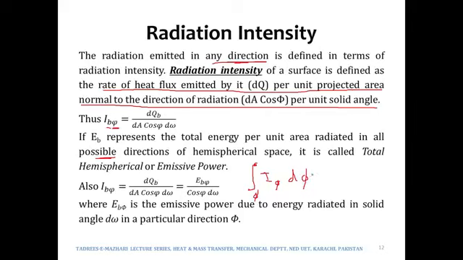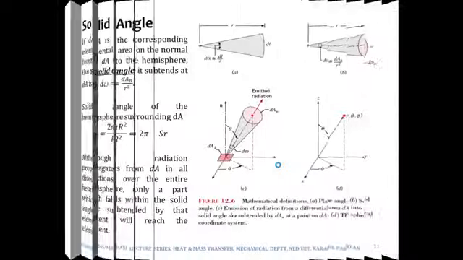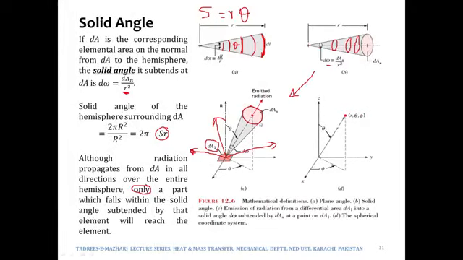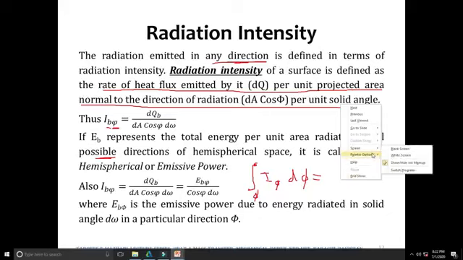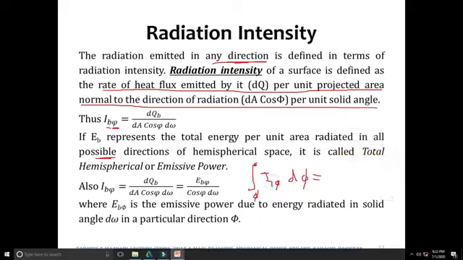If we sum up all the radiations which are being emitted out, we get the total radiation emitted by the body, right? So that would be equal to E_B, or σT⁴, the emissive power of a black body. Now, it may be φ, or it may be θ, or it may be any other angle that you want to write it with.